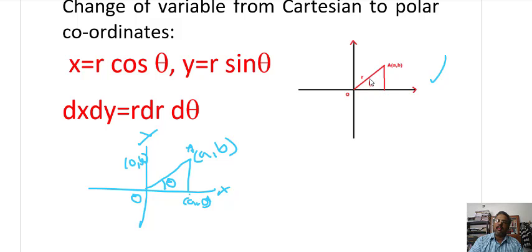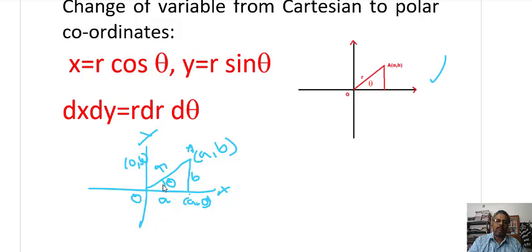Observe the diagram. This is called the radius vector. Now how to change the Cartesian form to polar form? Here this value is a, this is b. Assume r equals square root of a square plus b square.